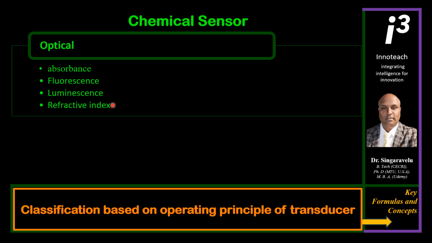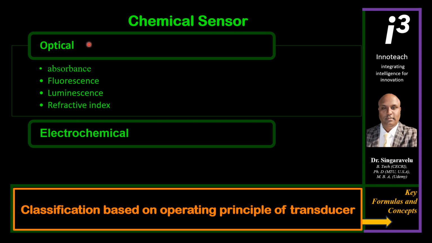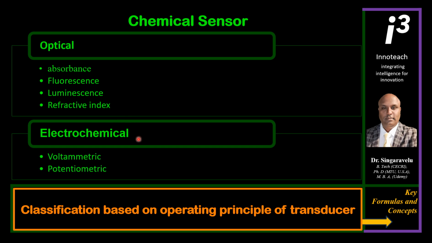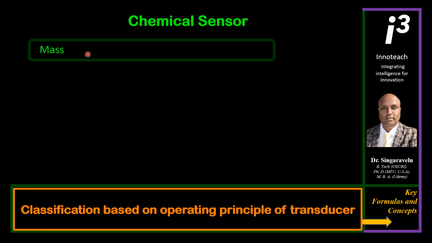Based on the transduction mechanism, a chemical sensor can be classified as optical or electrochemical, which could be voltammetric or potentiometric in nature.